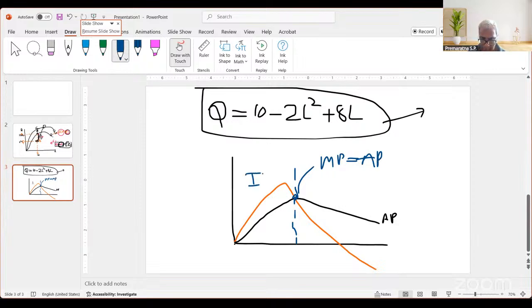There you can identify the stage 1, and the boundary between stage 2 and 3.